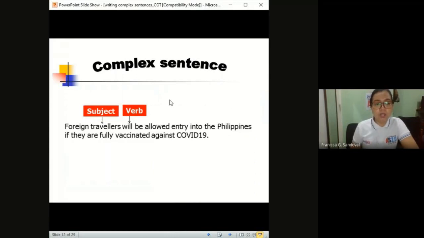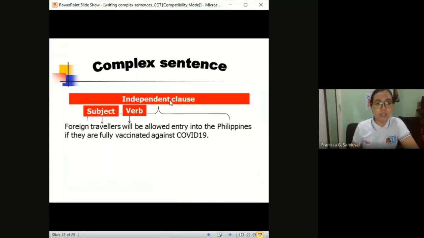So, our independent clause is the foreign travelers will be allowed entry into the Philippines. The subject is travelers and the verb is will, while the dependent clause is if they are fully vaccinated against COVID-19.